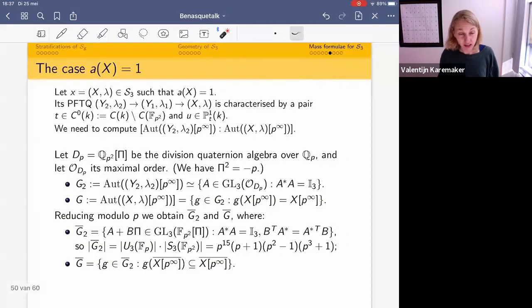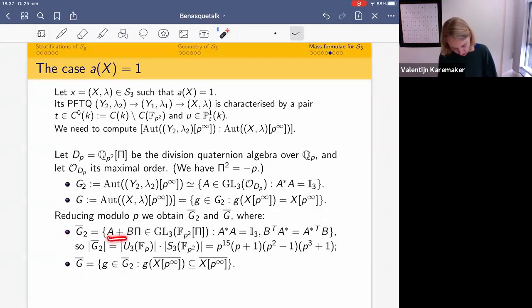Right, then again, the idea is to reduce. And now we reduce modulo P, which really means reducing modulo P times the Dieudonné module of Y2. And you need to show that this is something that you can do and that it's well defined. But it is, and then we obtain the reductions of these two groups. And we also show what they are. So the G2 bar is the reduction of G2.